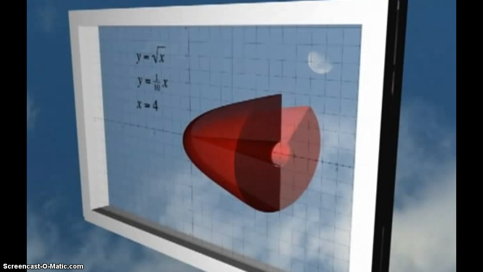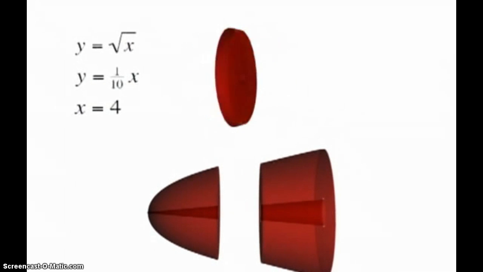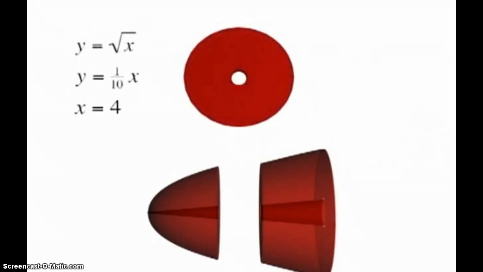What makes this solid so nice is that it can be easily sliced into disks. Since from geometry we remember how to find the volume of a disk, or a cylinder as we called it back then, we can now in calculus find the volume of the solid.